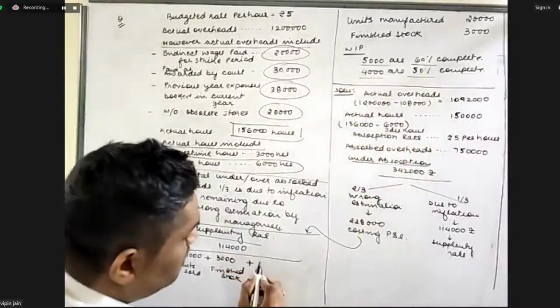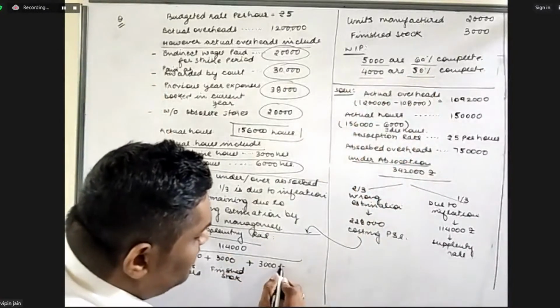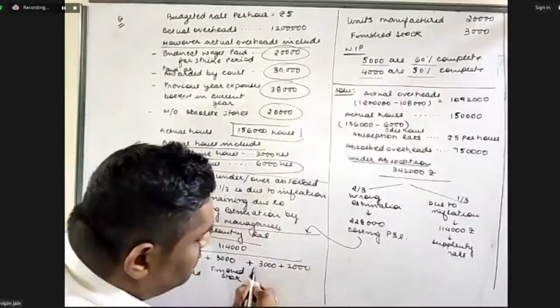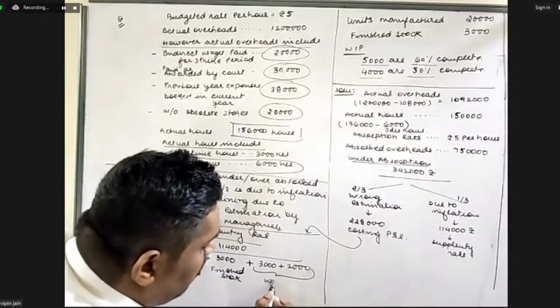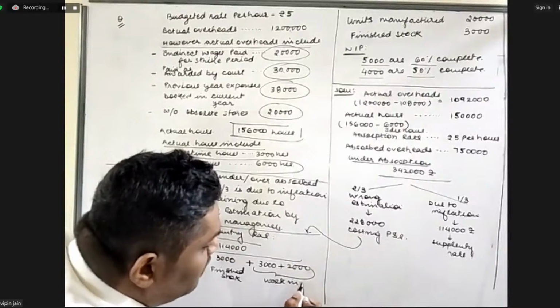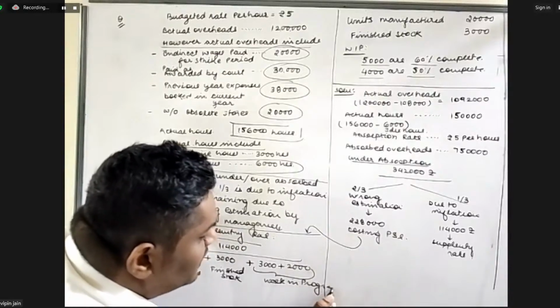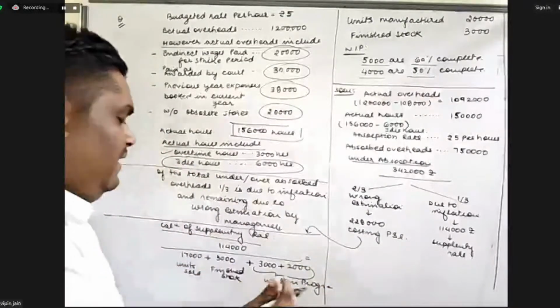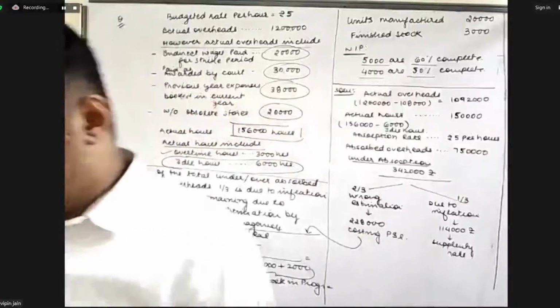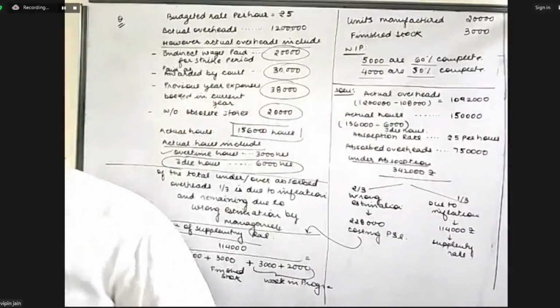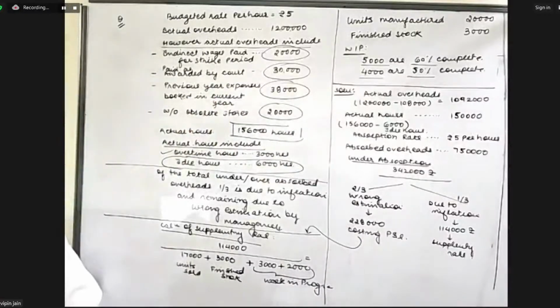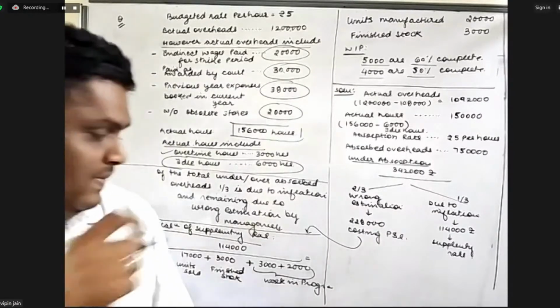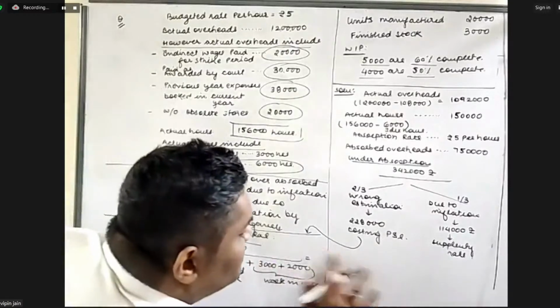It means 2,000, plus 3,000, plus 2,000. That is work in progress. So you'll get the final answer, $4.56.